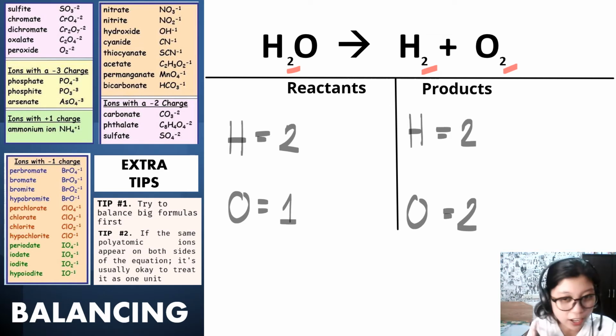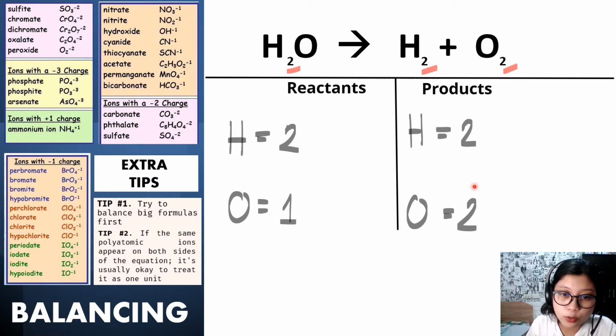However, another however, which element is not balanced? Obviously, that element would be oxygen because in the reactant side we only have 1 and in the product side we have 2. So how are we going to balance them?